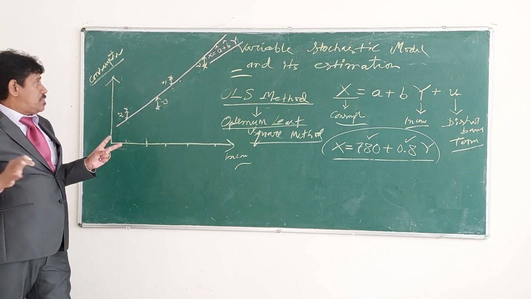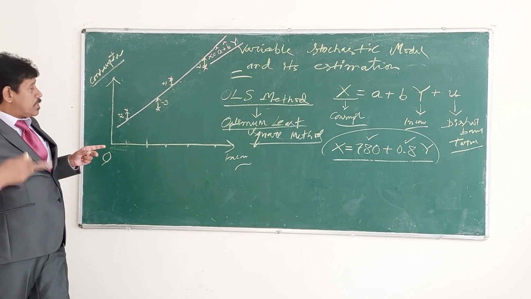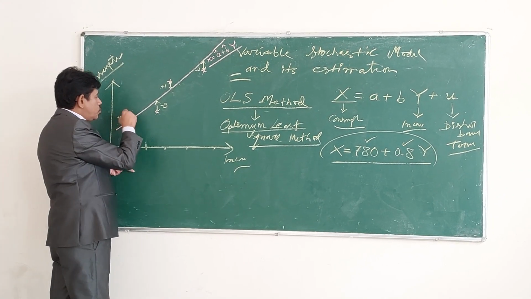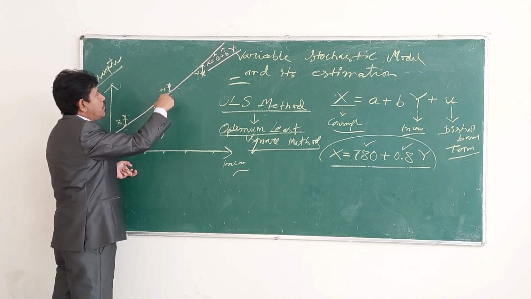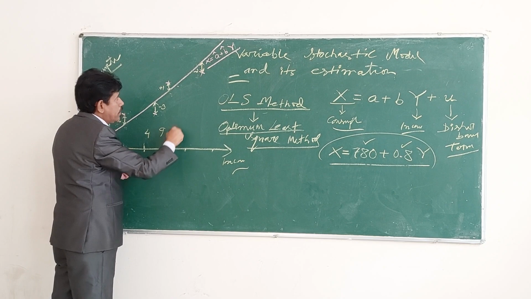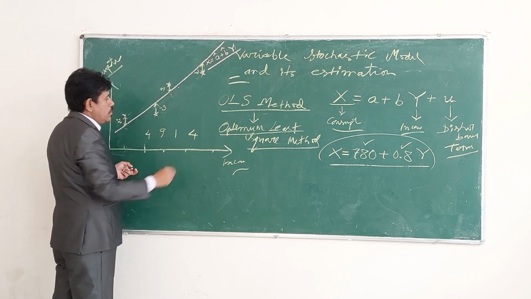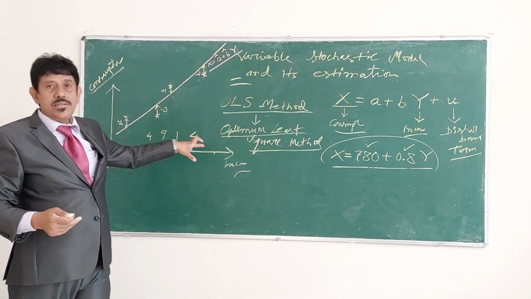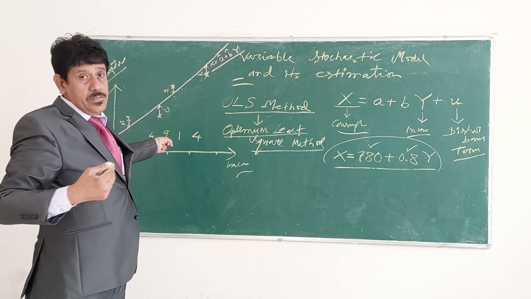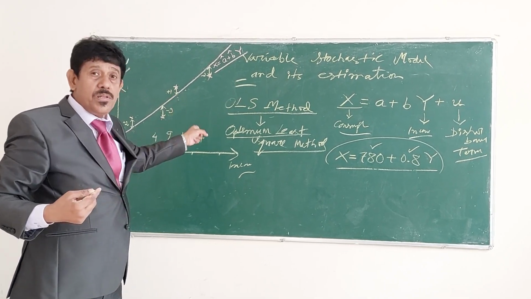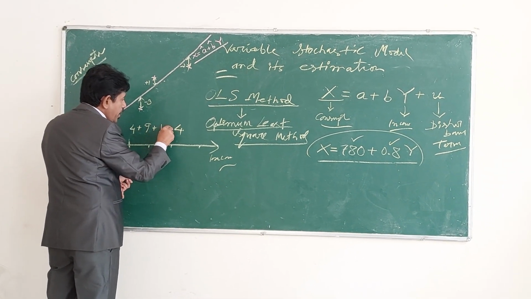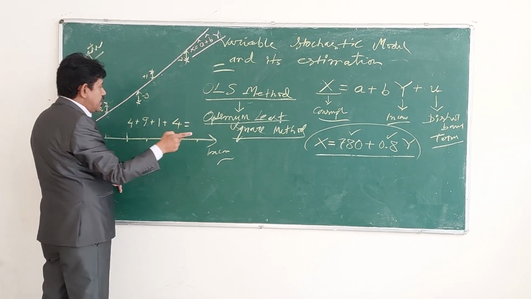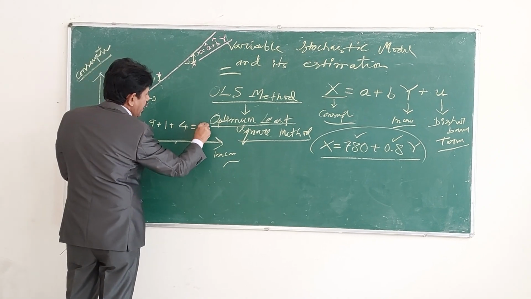These are the deviations. Now what are the squares of the deviations? 2 2s are 4. 3 3s are 9. 1 1 is 1. And 2 2s are 4. These are the squares of the deviations. And if we add up these things, what is the result? It is 18.